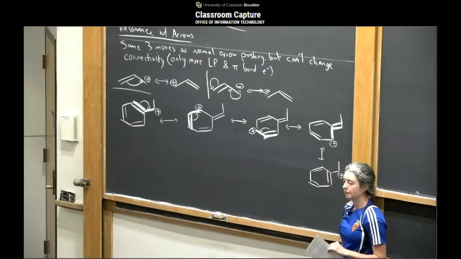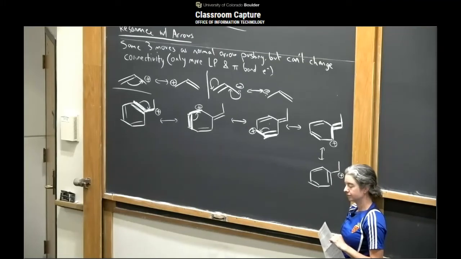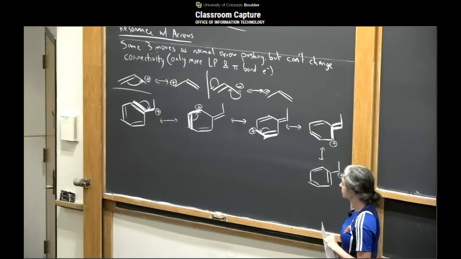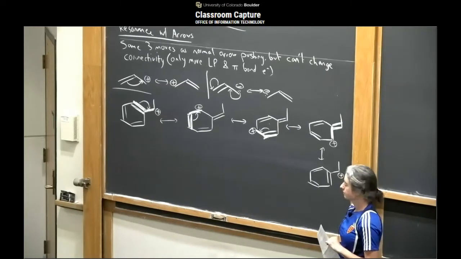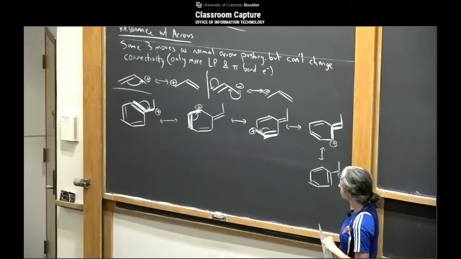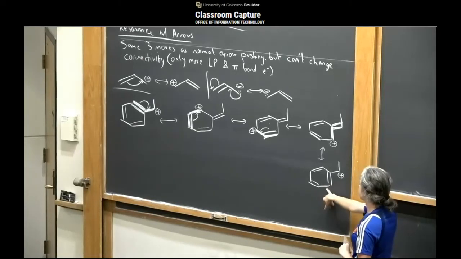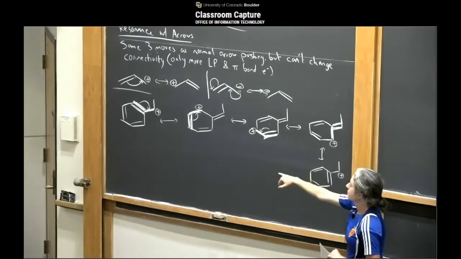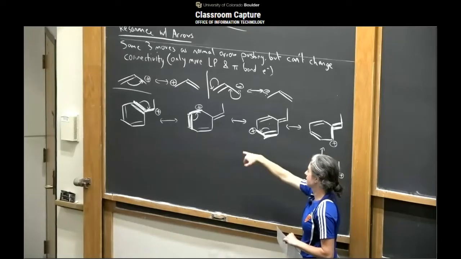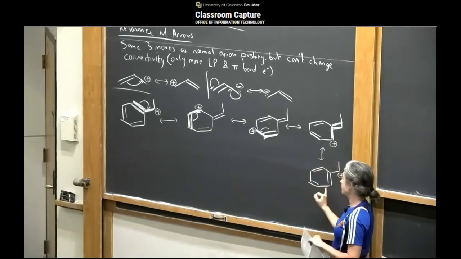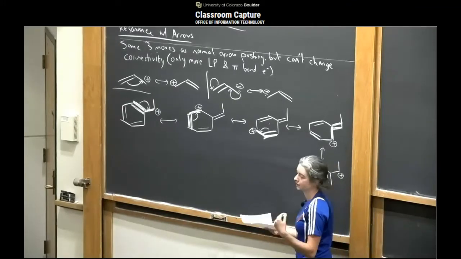A question? How do you decide that this is the pattern you go in? Why not take the bottom pi bond and move it somewhere at the same time? Excellent question. That's exactly what I'm about to get at. I'm showing the simplest move to get to the next form, like only one arrow, but you can always go from any valid resonance form to any other resonance form if you just combine arrows.